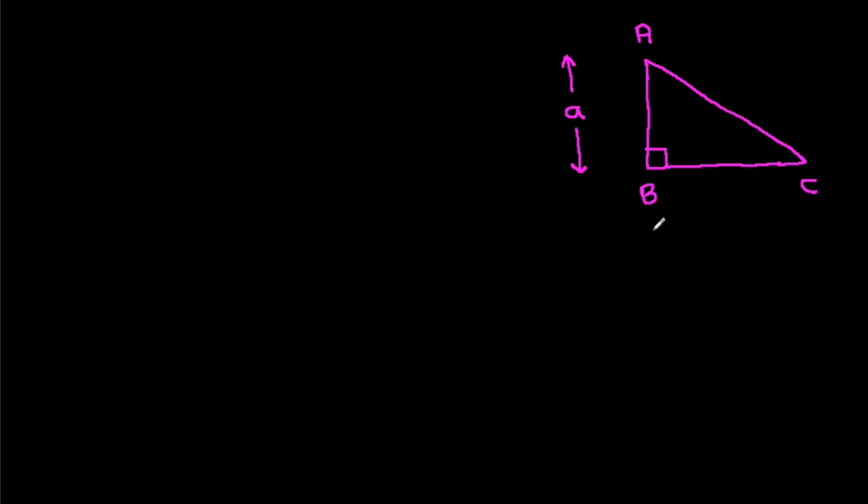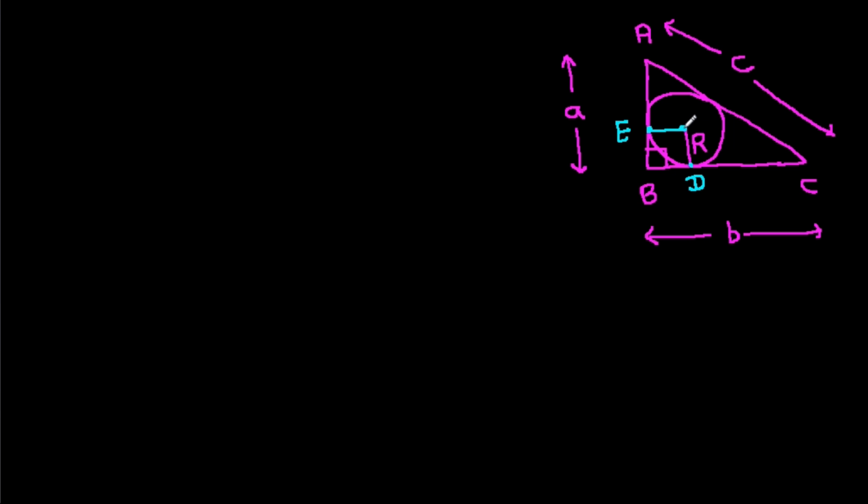And in any right angle triangle ABC, if AB is a, BC is b, and AC is c, and suppose the radius of the incircle is R, and suppose this point is D, this point is E, and the center of the circle is O, then we know that in any circle, the radius and tangent are perpendicular to each other.